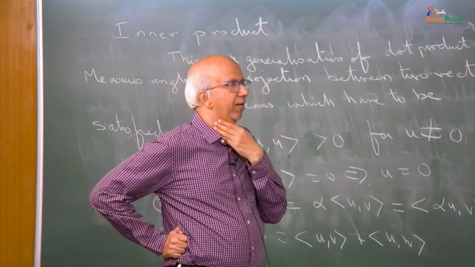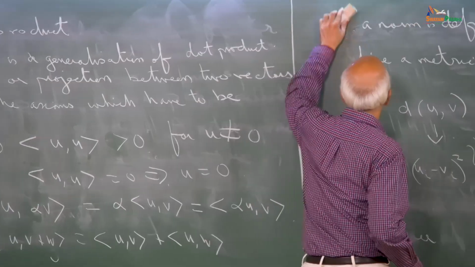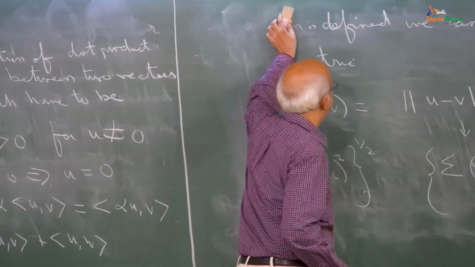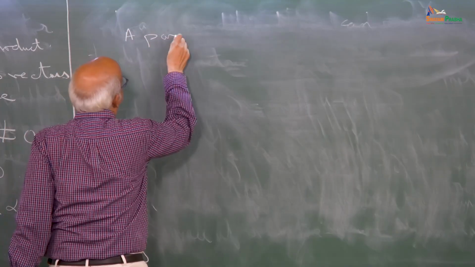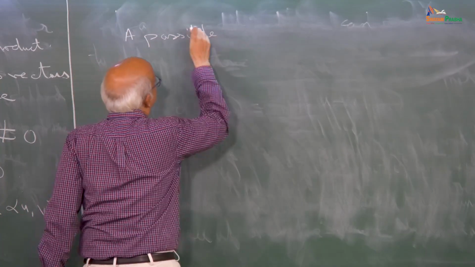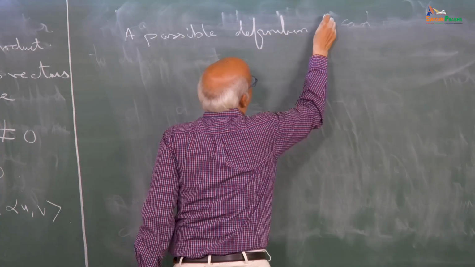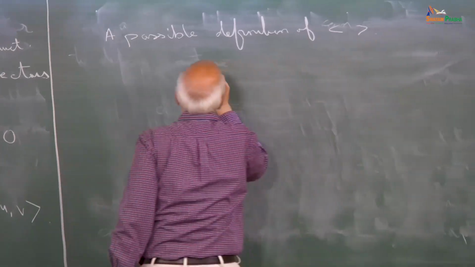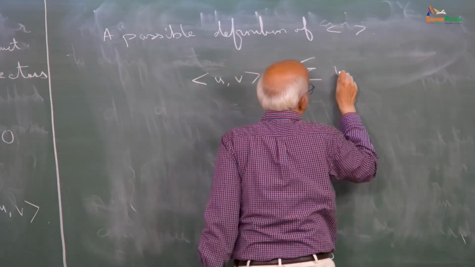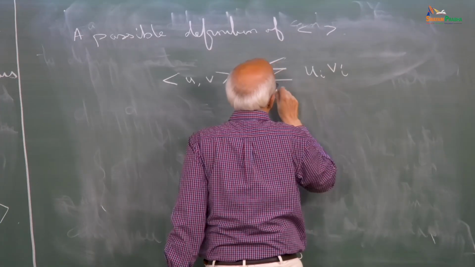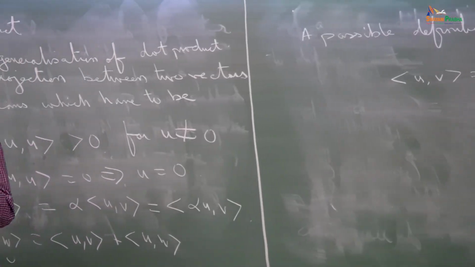So, again these are the axioms which I expect my inner product to satisfy, and a possible definition of this inner product is that it is the same as what you do in your dot product, right.